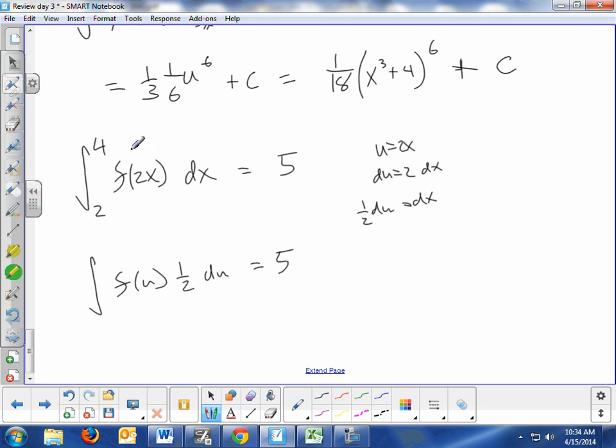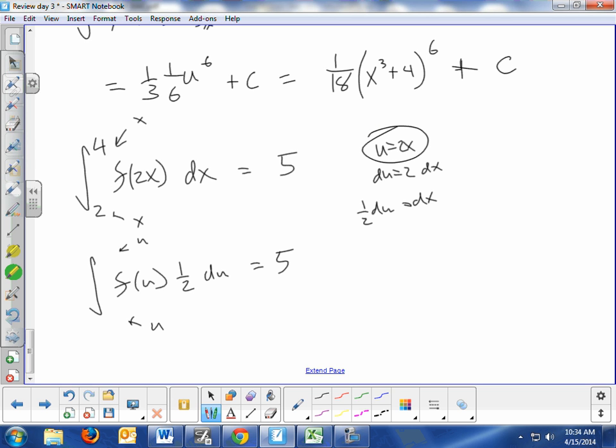But what happens is these numbers must change if I change things to u's. This is an x, and this is an x. If I have u's and u's, these need to be u's. Well, the key is that connector.